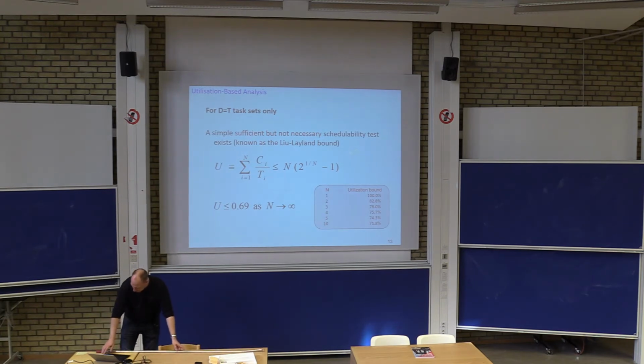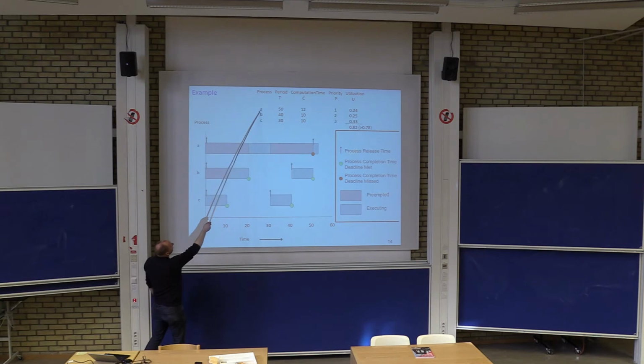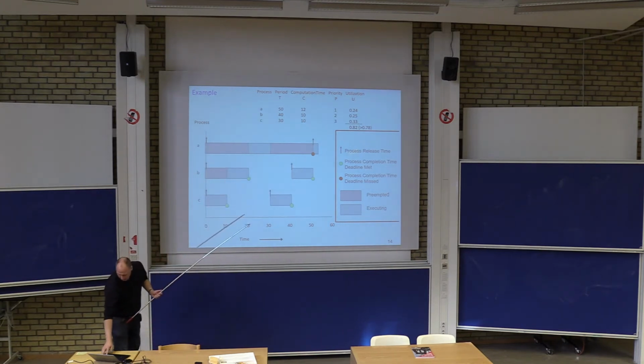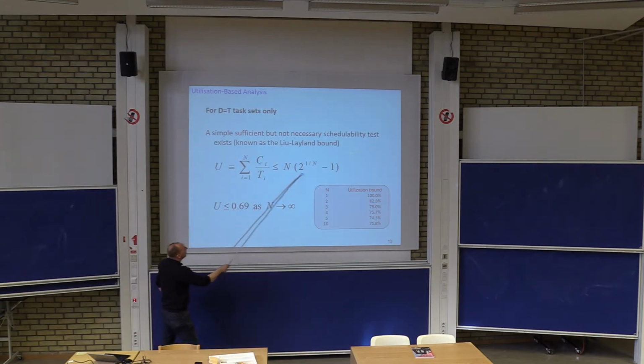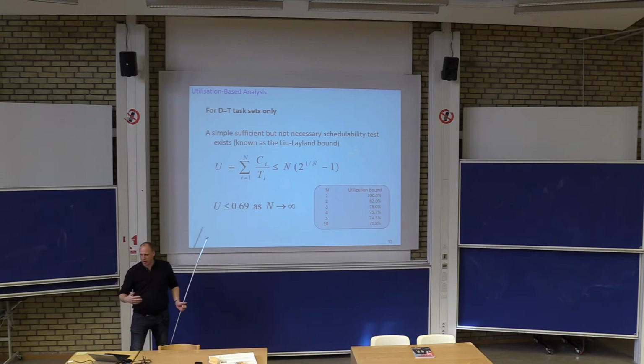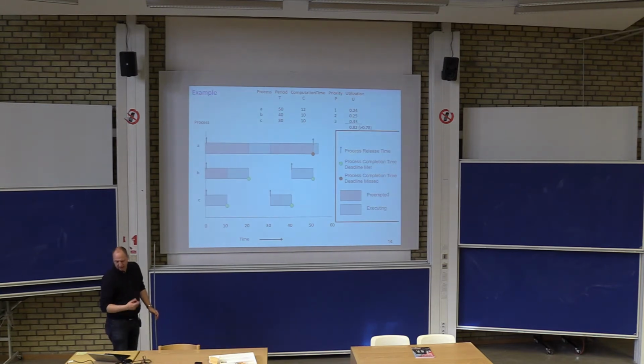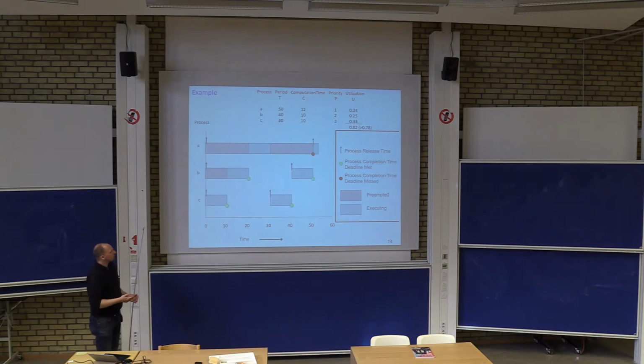So we can see an example here. We have 3 different tasks. And if we look into this formula here, if we put in 3, then we get 78%. So we now know that if the total utilization is less than 78%, then we will meet our deadlines.